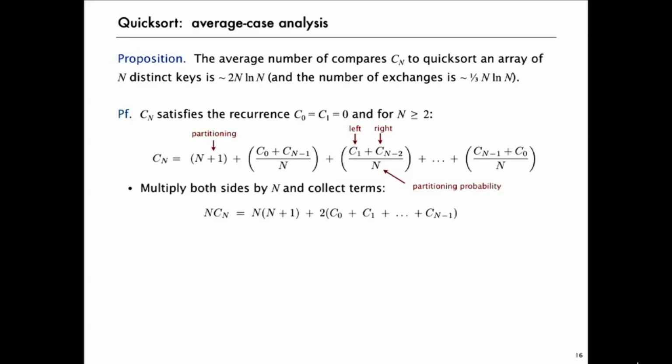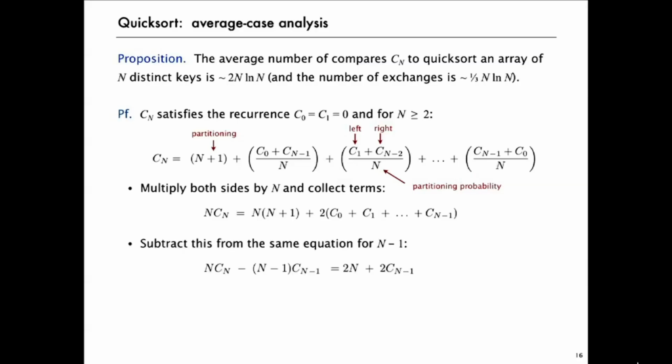First thing we do is just multiply by n and collect terms. So N C_N equals n times n plus 1, and then these terms, every size appears twice, so it's twice the sum from C_0 to C_{n-1}. That's a simpler equation already. Now what we can do is get rid of that sum by subtracting the same equation for n minus 1.